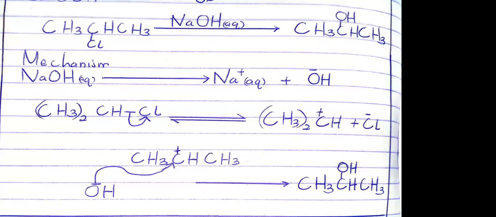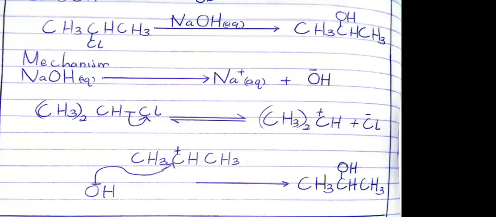Then you would say that the secondary alkyl halide dissociates or ionizes to liberate chloride ions, forming a secondary carbocation, which is attacked by the hydroxyl group from sodium hydroxide, forming propan-2-ol. Then you outline the mechanism.